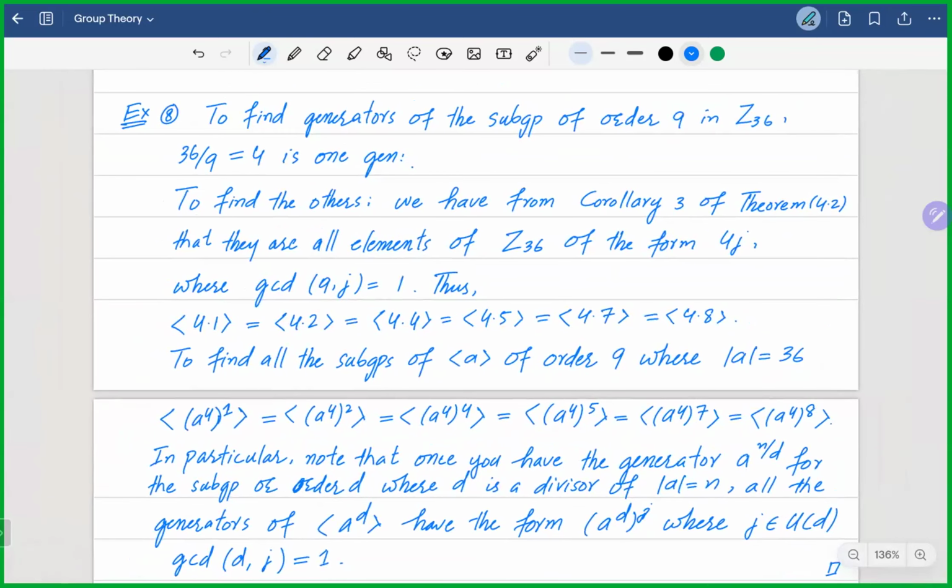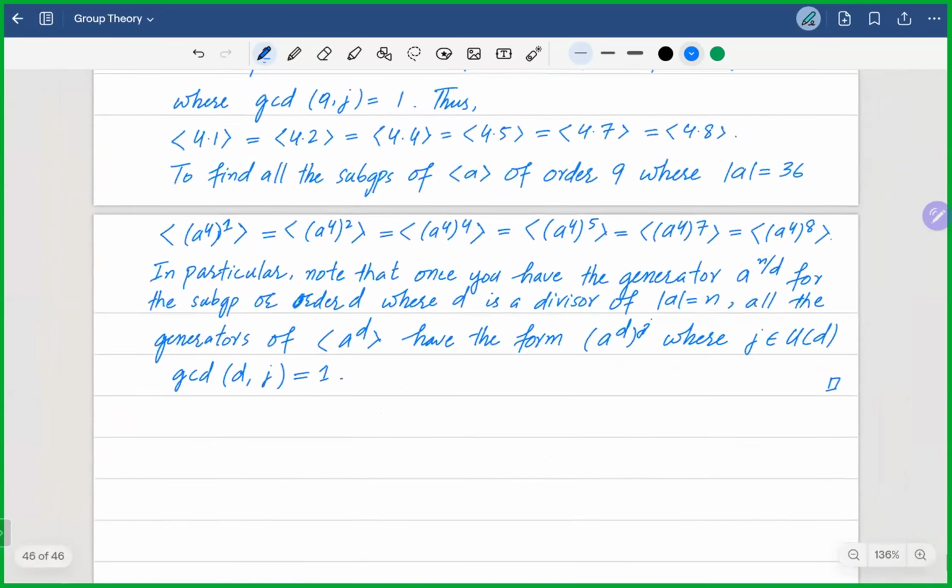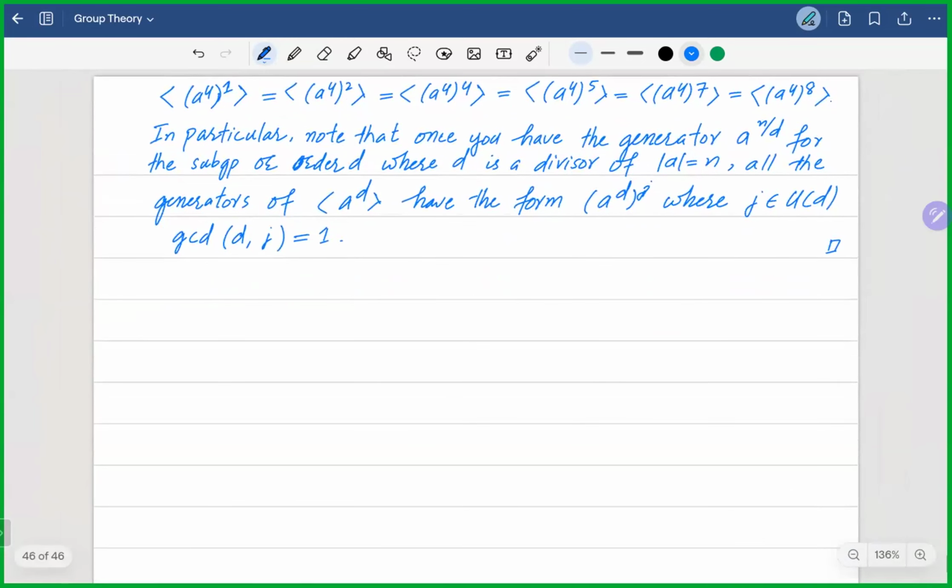Okay, perfect. Now, by combining theorem 4.2 and 4.3, we can easily count the number of elements of each order in a cyclic group.